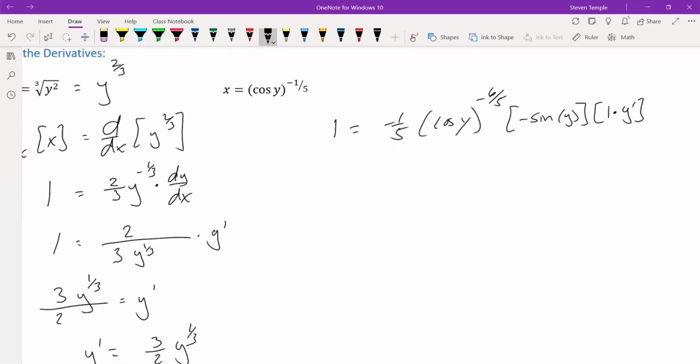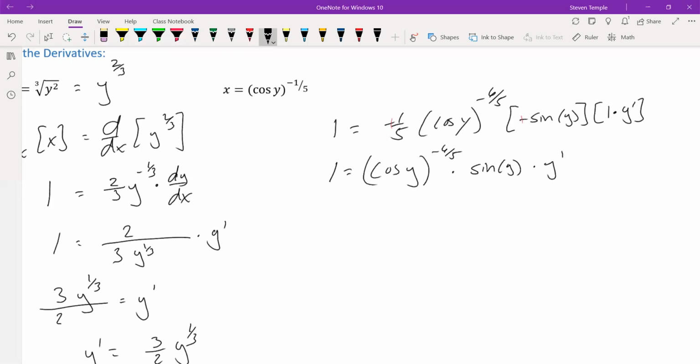Actually, I'm going to clean this up. I have a negative 1/5 and a negative right here. I'm going to have a cosine y, and I guess I'll write it this way, negative 6/5. I'm going to have a sine y right here, and then a y prime.